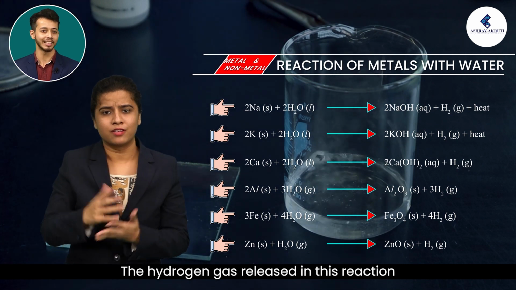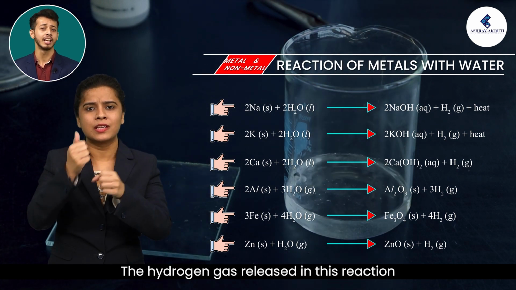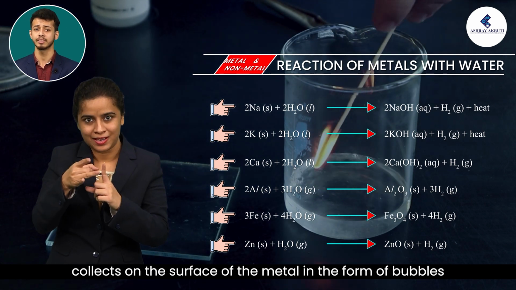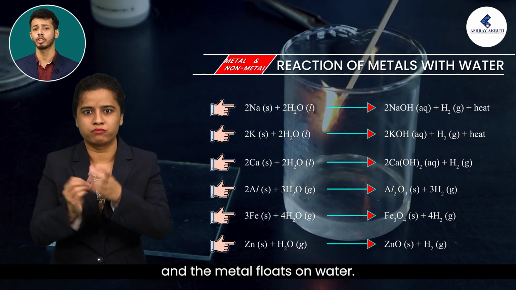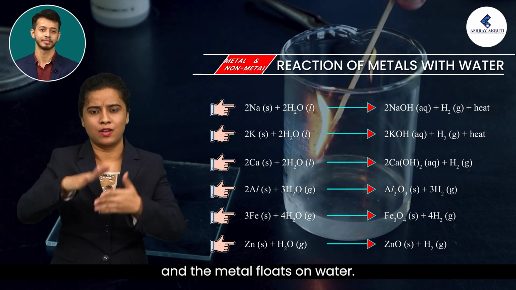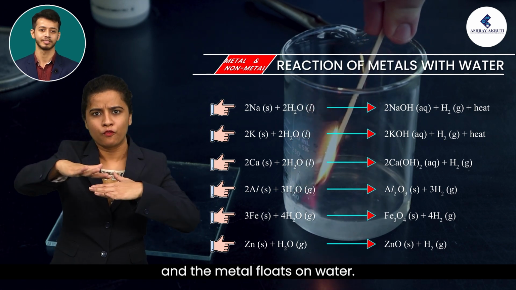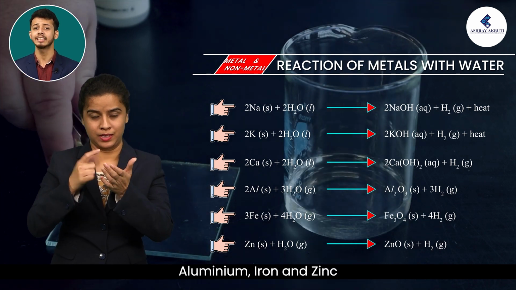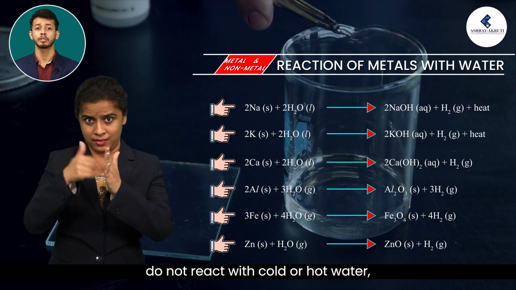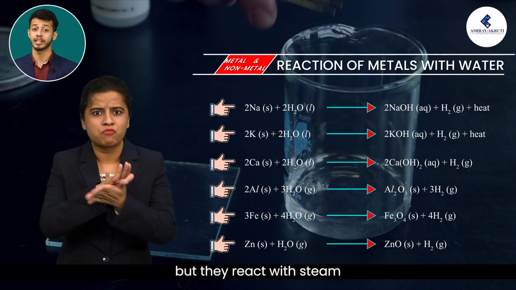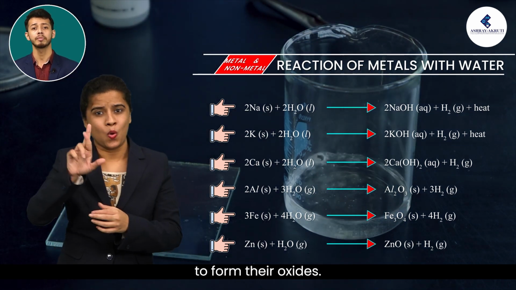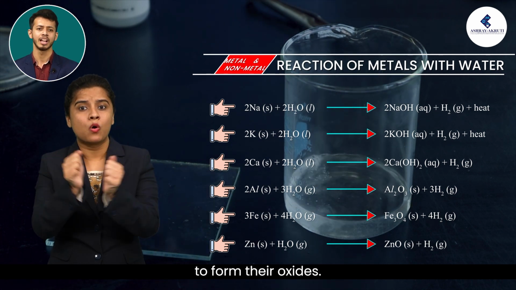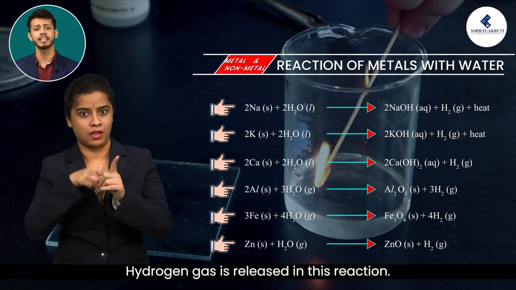The hydrogen gas released in this reaction collects on the surface of the metal in the form of bubbles and the metal floats on water. The metals aluminium, iron and zinc do not react with cold or hot water, but they react with steam to form their oxides. Hydrogen gas is released in this reaction.